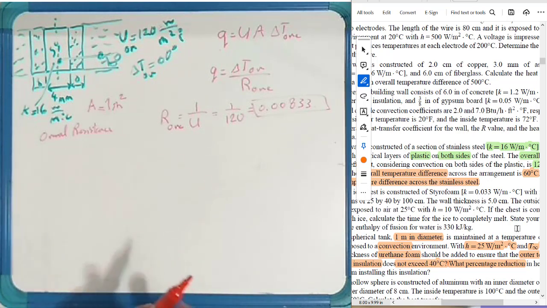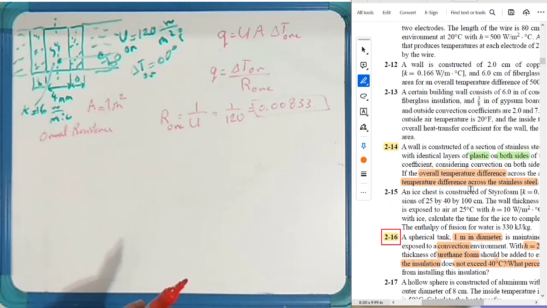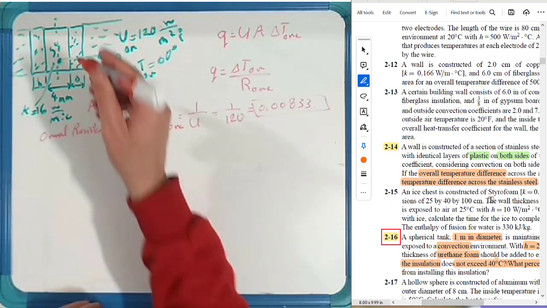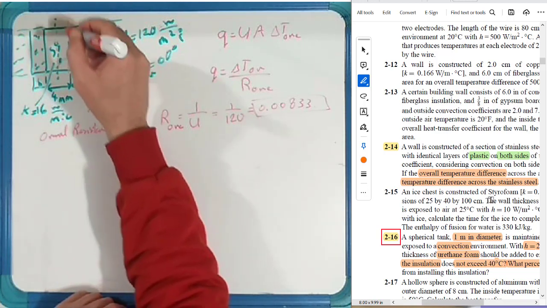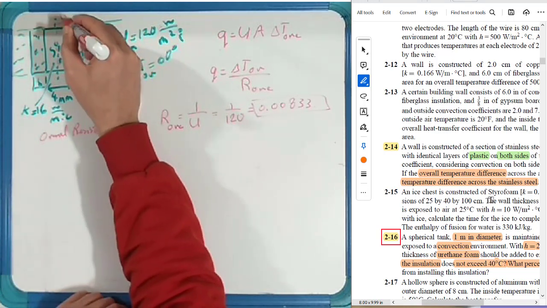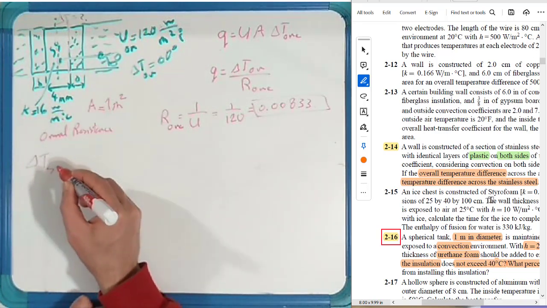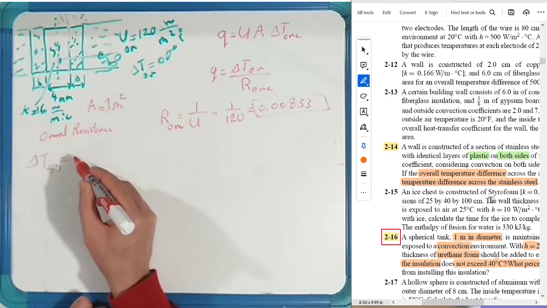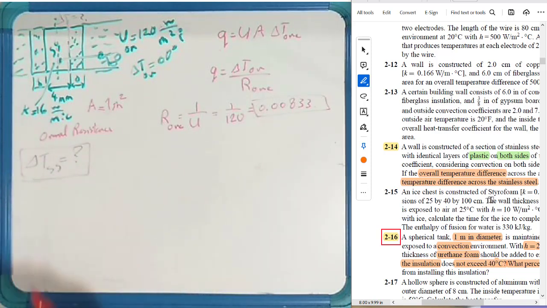First I should mention that the problem wants the temperature difference across the stainless steel, from the center line to the wall. It wants delta T here, delta T of stainless steel. This is the question of the problem.